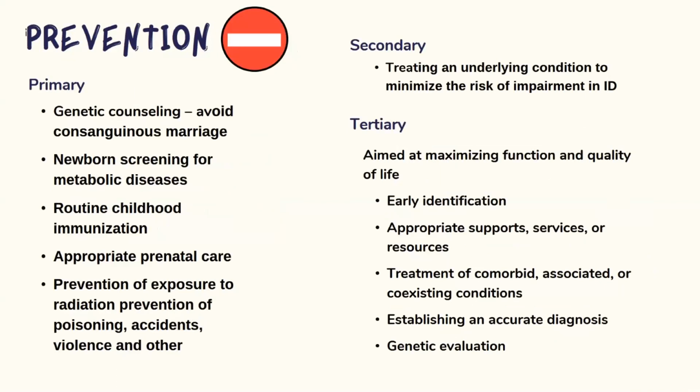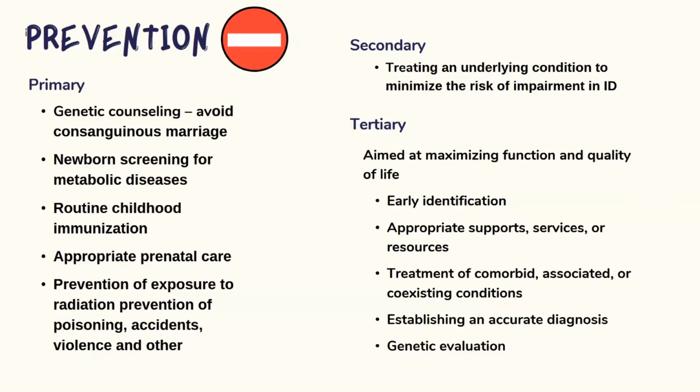All right, so prevention. The primary prevention is to prevent ID by addressing the conditions that cause or contribute to ID. Usually we do genetic counseling, especially to, if possible, avoid any consanguineous marriage.